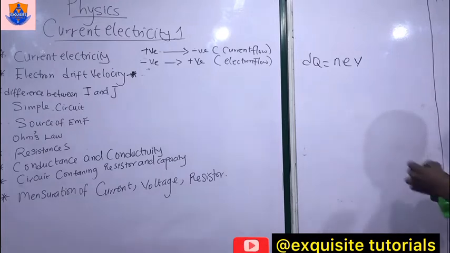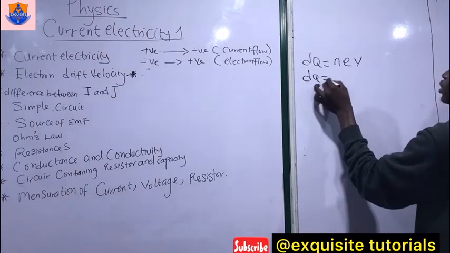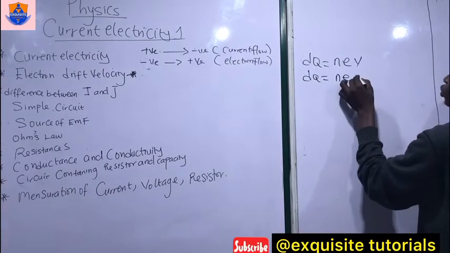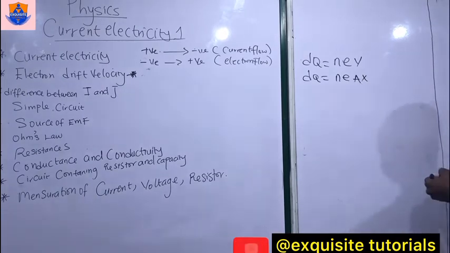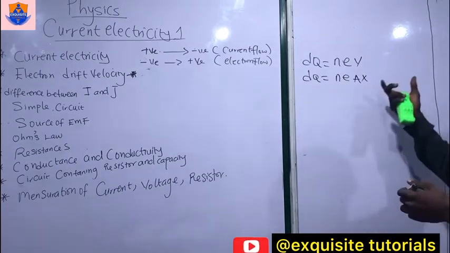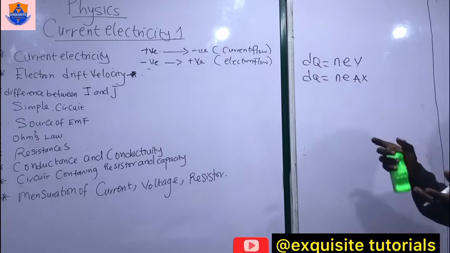This volume is equal to the area times length, but the length in this case is called the distance.